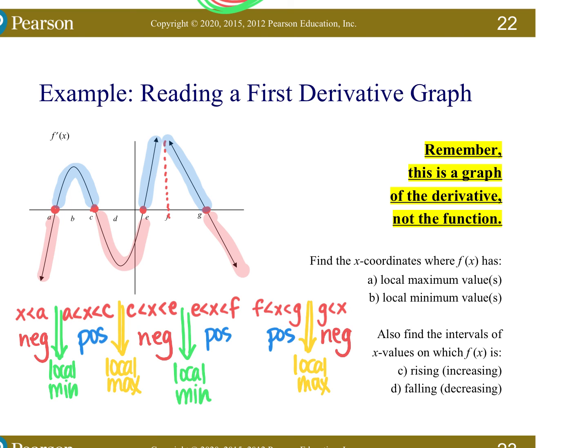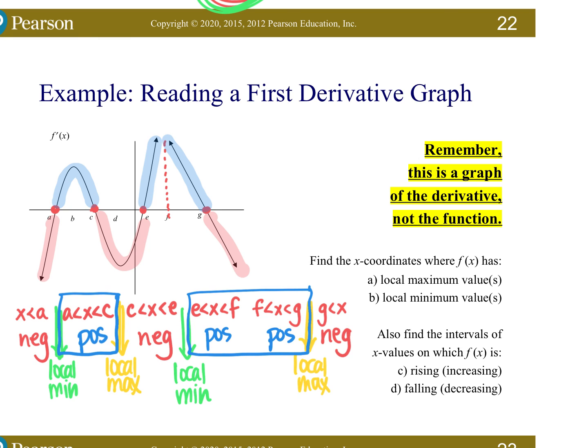All right, so then, Christine, the last question, C and D. What intervals will the function be rising? Rising meaning going up or increasing. A to C, okay, so that's a rising interval. And? All right, E to F and F to G, okay, because?